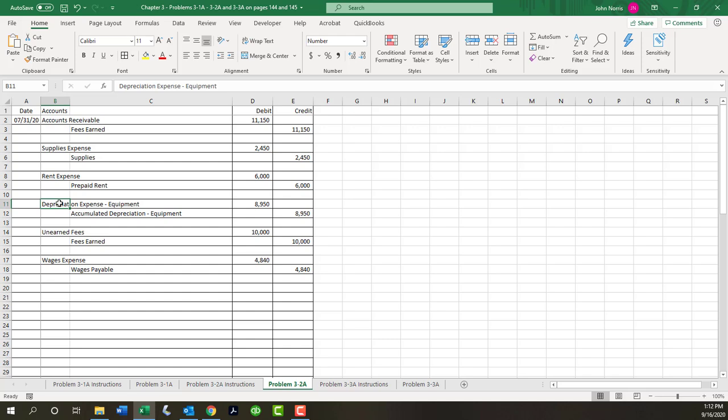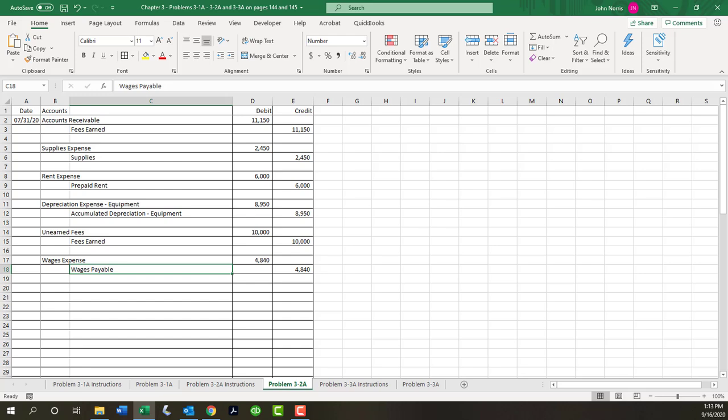The third deferred expense is depreciation expense on the income statement, less the accumulated depreciation, the balance sheet account. Unearned fees is the balance sheet account for the fifth adjustment, and fees earned is the income statement account. And this is a deferred revenue. And then lastly, the accrued expense of wages expense is the income statement, and wages payable is the balance sheet.